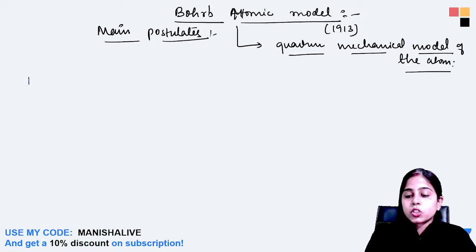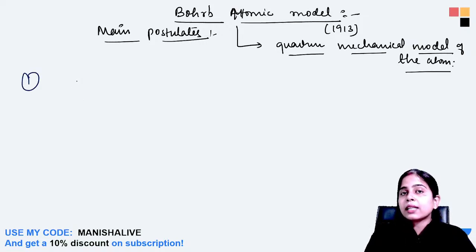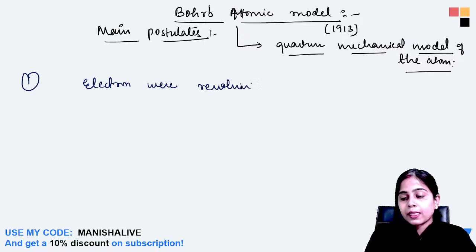So the first postulate was that electrons that are revolving around the nucleus are confined to certain fixed orbits, that were known as shells.